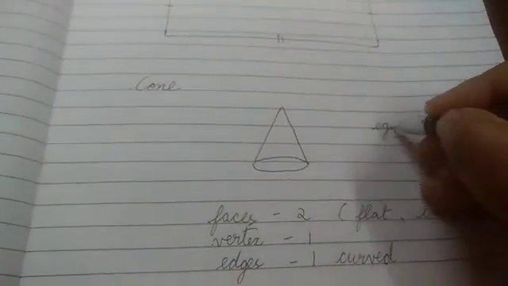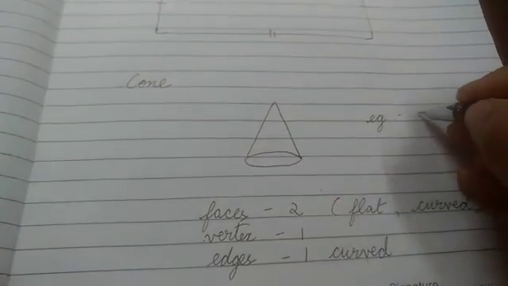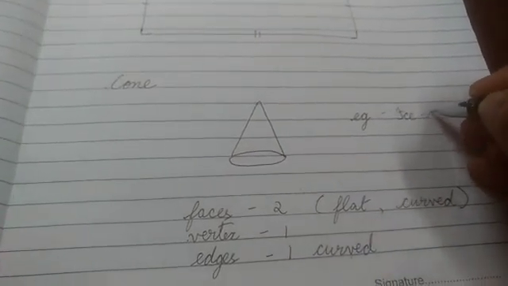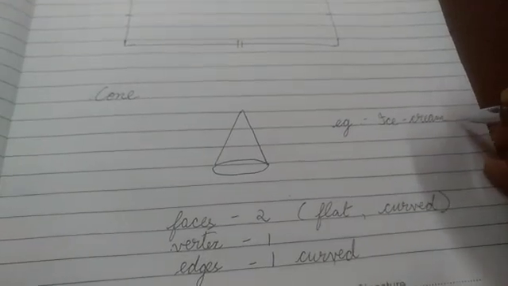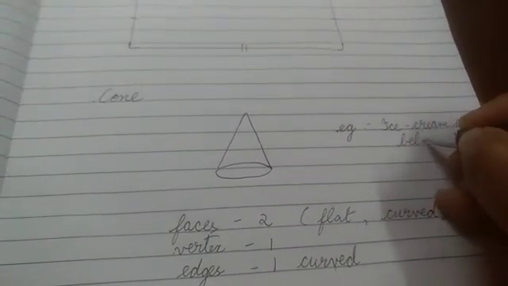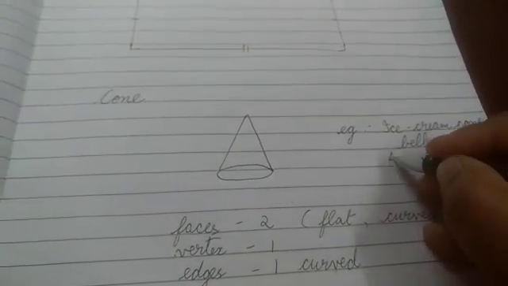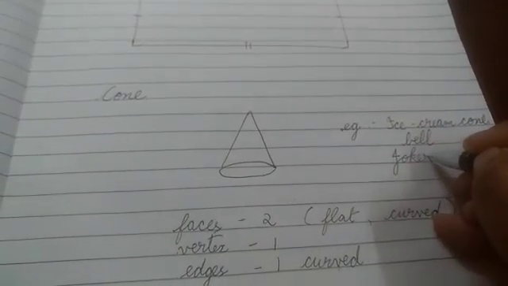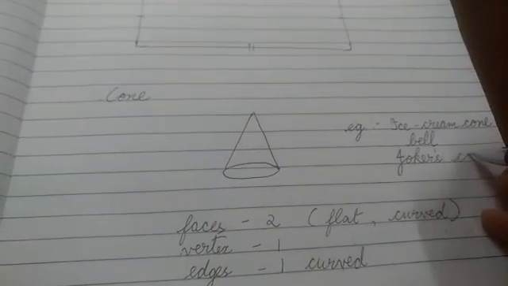Okay. So what are the examples of this cone? For example, you can say ice cream cone, then bell. Another one you can write is joker's cape. So these three examples you can remember for your cone.